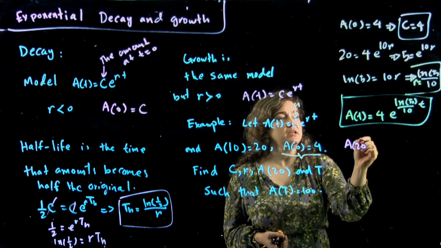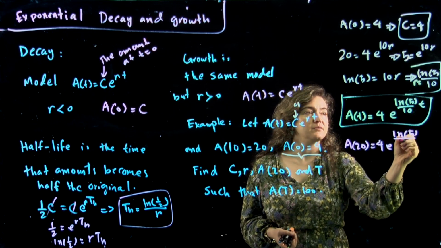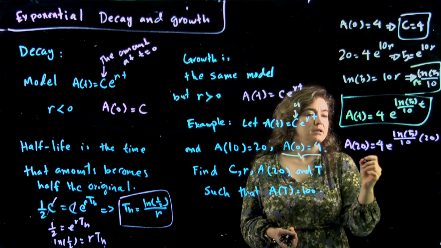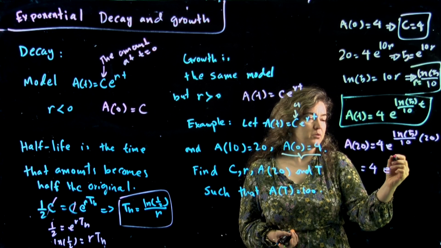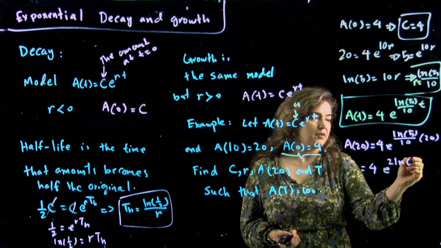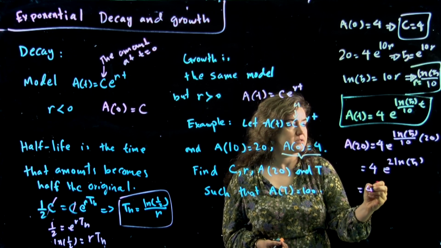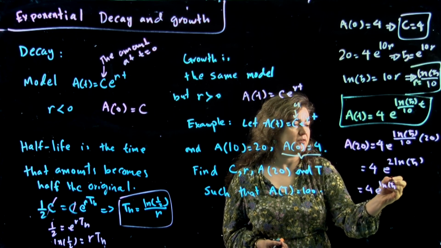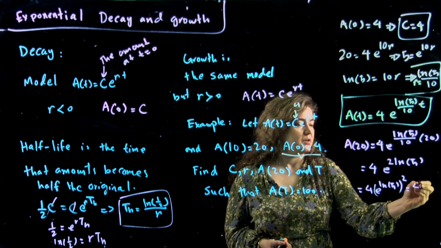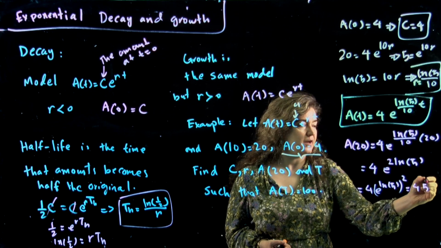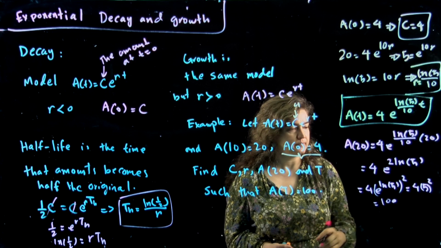So a at 20 is equal to 4 e to the power ln of 5 divided by 10 times 20. So this is going to be equal to 4 e to the power 2 ln of 5. I can simplify this because this is e to the power ln of 5, to the power 2. This part is 5. 4 times 5 to the power 2, which is 100.